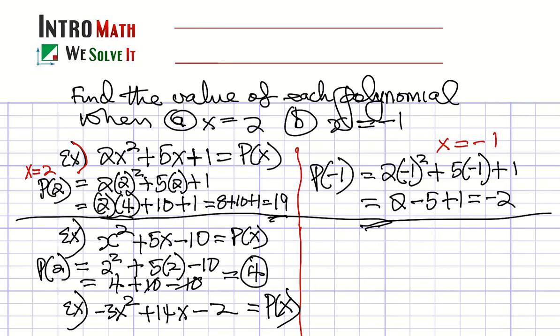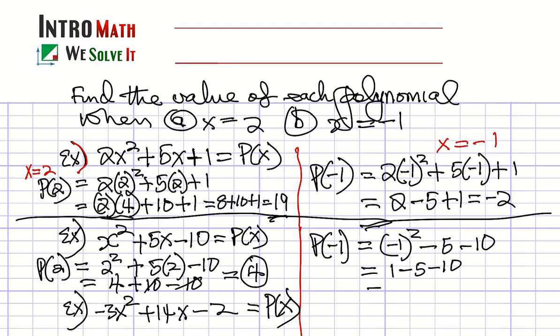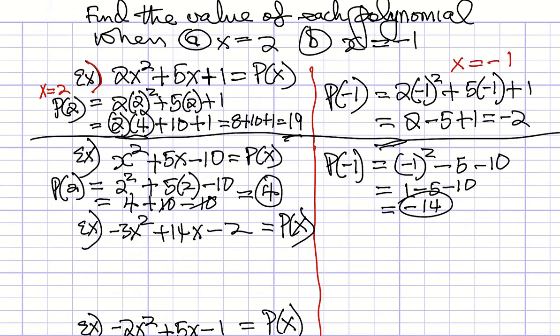And then the other side, P(-1) is (-1) squared, which is 1, minus 5 minus 10. You see that, right? That's 1 minus 5 minus 10, which is the same thing as -14. So that's -14. So let's go do the next one.